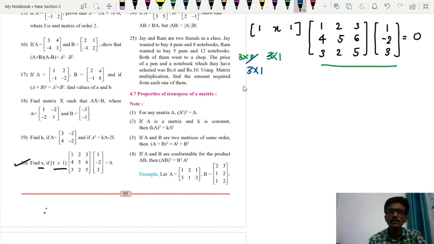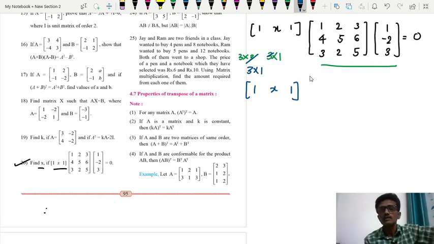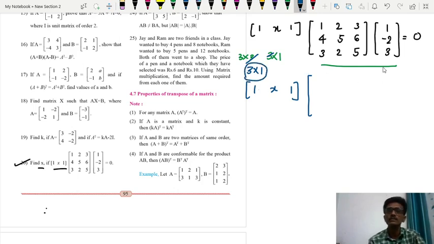So let's do this multiplication. 1x1 as it is we will write. इसका multiplication करेंगे हम. So it will be a column matrix. ये आपको column matrix देगा.